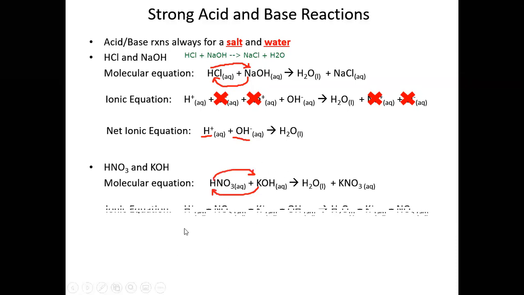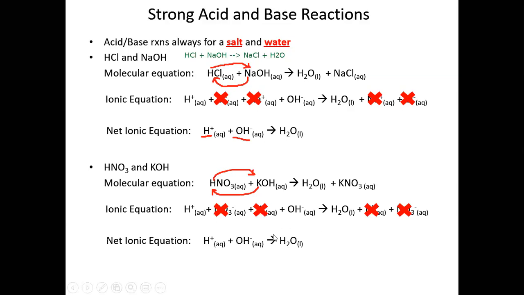Next, we write the ionic equation. Again, notice that H2O remains intact. The cation and anion that make up the salt are the spectator ions, and what we have left is the net ionic equation. So you notice that for both of these, we have the same net ionic equation.